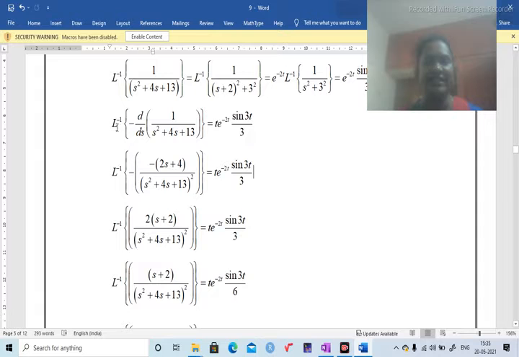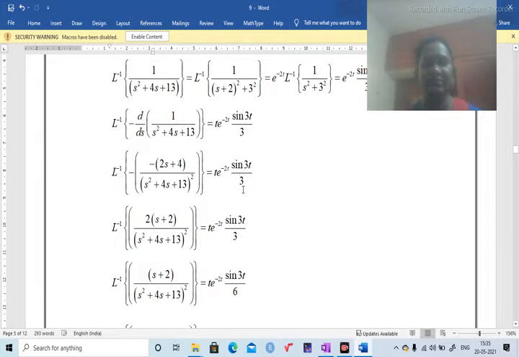Again I am writing L inverse of minus d by ds. Observe, here t is there, 1 by s square plus 4s plus 13. This term into t. Whenever I write minus d by ds, you must observe t into e power minus 2t into sin 3t by 3. Now differentiate this term and simplify. Take minus plus 2 common and send this 2 to the RHS side.